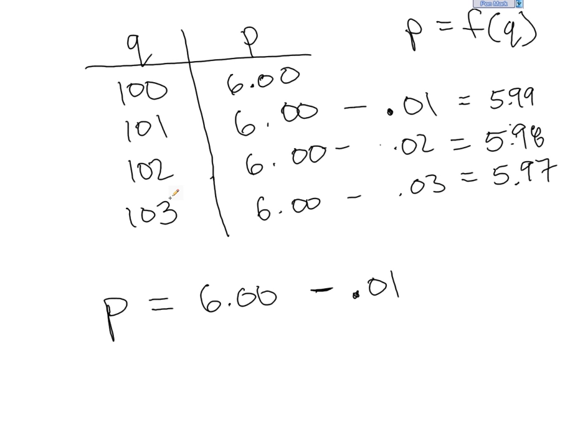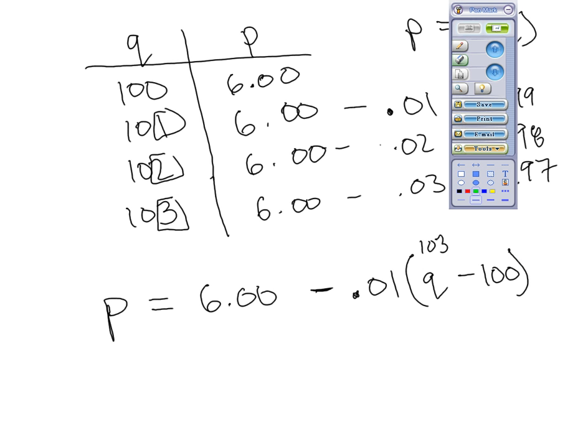So I'm really only taking the amount of shirts above 100 and multiplying it by 1 cent to determine my discount. What I have to do is take the number of shirts and subtract away 100, because if it's 103, I'm only taking 1 cent times 3. So if this were 103, you would do 103 minus 100 is 3, and that would accumulate for a discount of 3 cents.